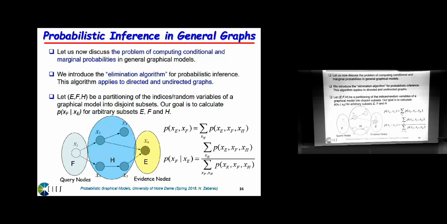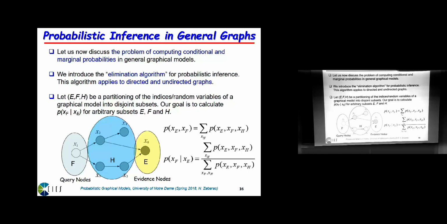So you have the joint with xf and xe, and xh integrated out. Remember that? Nothing fancy, really. Maybe the notation is slightly different. So what we need to learn, and this is what the elimination algorithm is, is how we can use graph theoretic ideas to do this effectively.